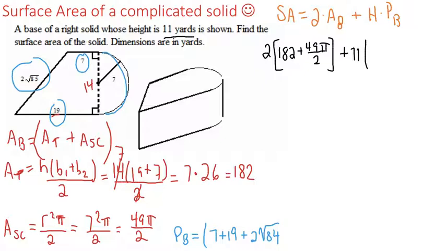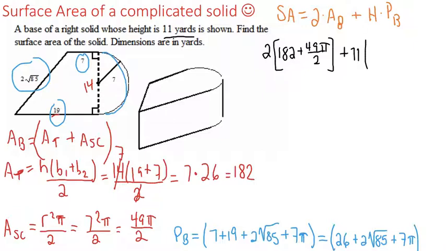I don't know why I wrote 84, but that's 85, plus 7 pi. So that simplifies. We can combine like terms. We get 7 plus 19, which is 26, plus 2 rad 85, plus 7 pi.